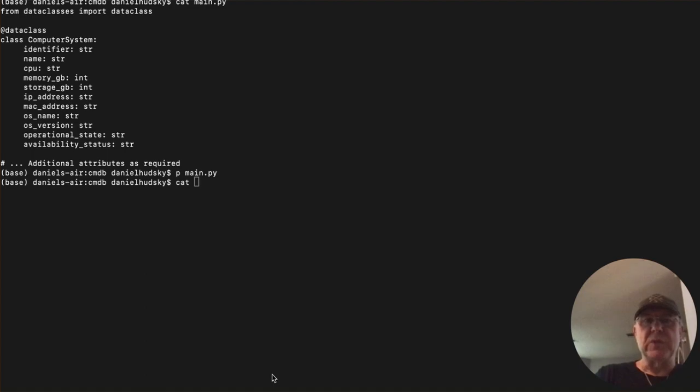Here, the computer system, as you can see, is going to be a data class that is not using the BMC prefix, because I don't think that BMC actually owns the CMDB. They kind of assumed that everybody in the world is going to be using BMC computer system or BMC person. That's not really what that was intended for.